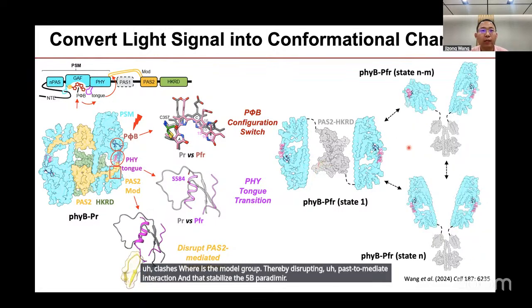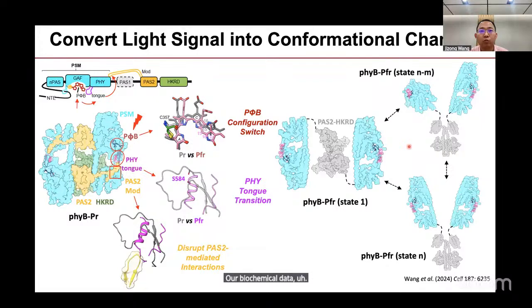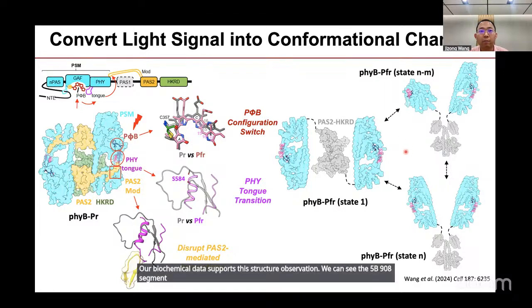Our biochemical data supports this structure observation. We can see the phyB 908 segment containing the PSM PAS2 region exists as a dimer in Pr, but shifts to monomers in Pfr.